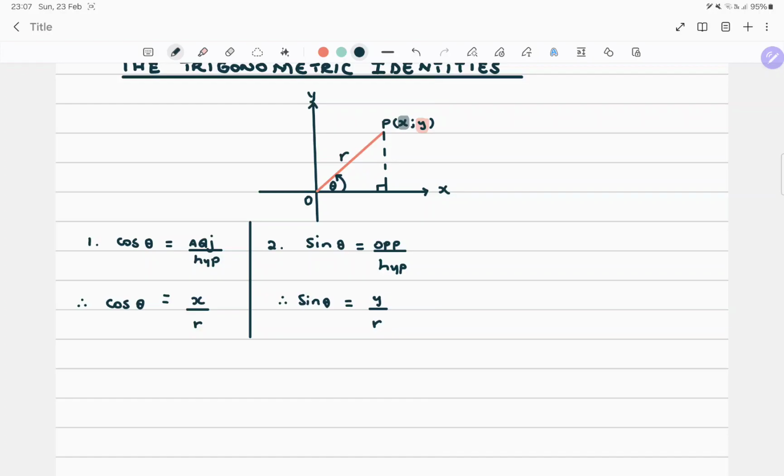These are very important things to remember on a Cartesian plane. The third one is to notice that the tangent of theta is the opposite over adjacent. Okay, now this tells us that tan theta is actually y over x. So these are very important.